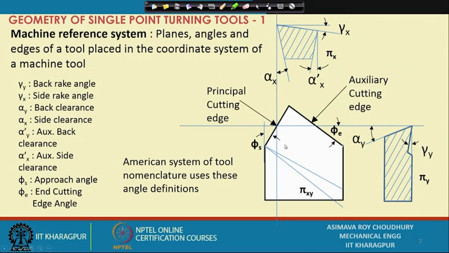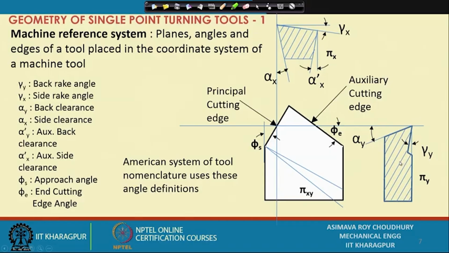Okay. Here, if you cut it with this particular plane, now you will say, what is this plane? This is the machine transverse plane. So, the machine transverse plane, which is pi y, I cut it and I get a section of the tool and I draw that section here.